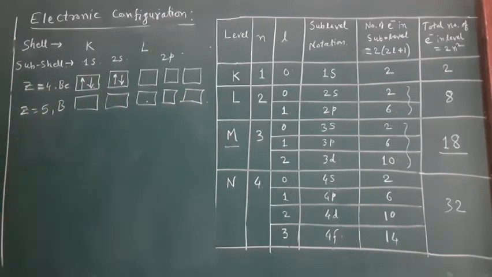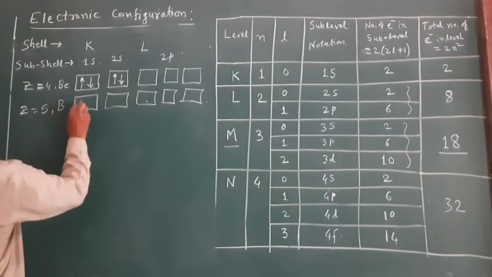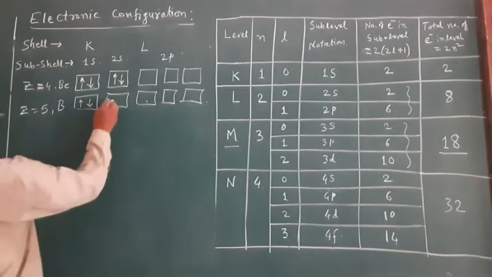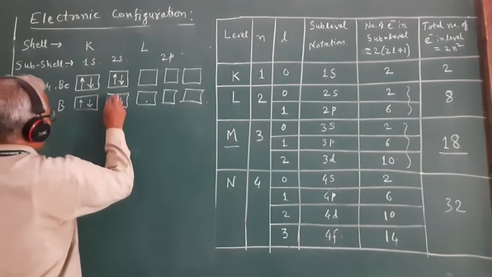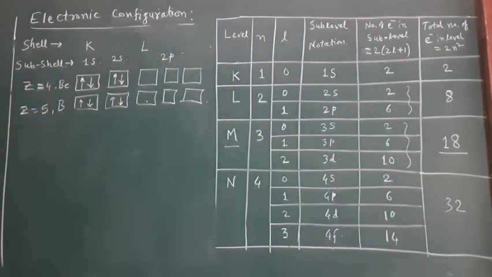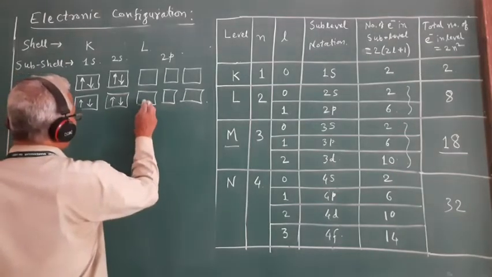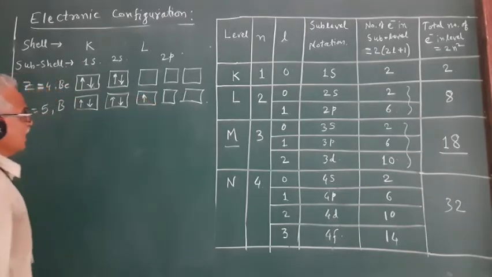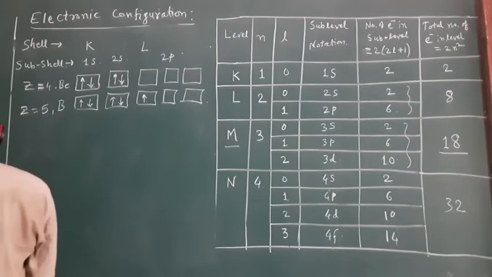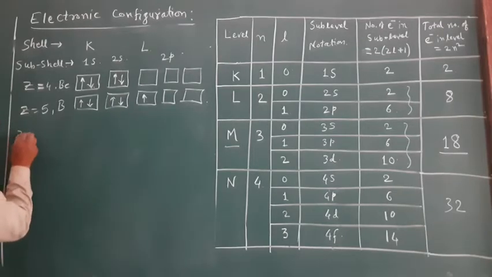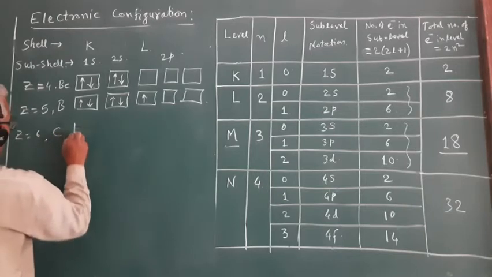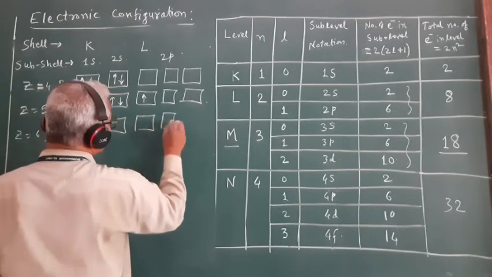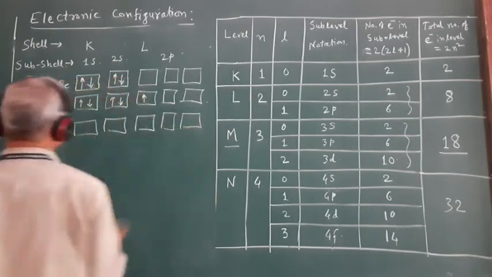Out of the 5 electrons of the boron atom, first 2 electrons will occupy the places in the 1s level. Then the next 2 electrons will occupy the place in the 2s level, and then the 5th electron will occupy the place in the 2p level. Then for Z is equal to 6, carbon, we have the distribution.